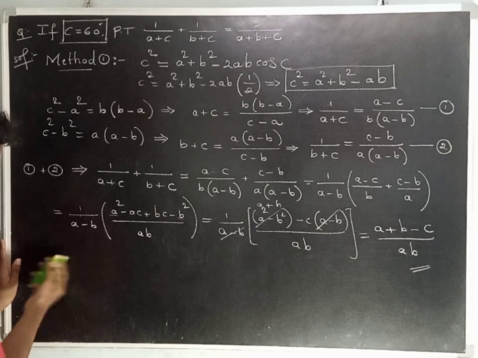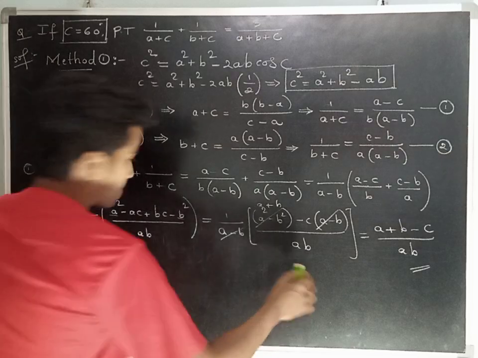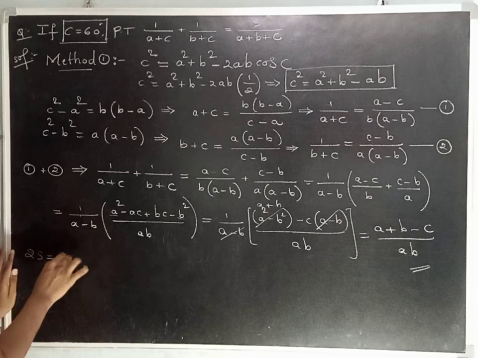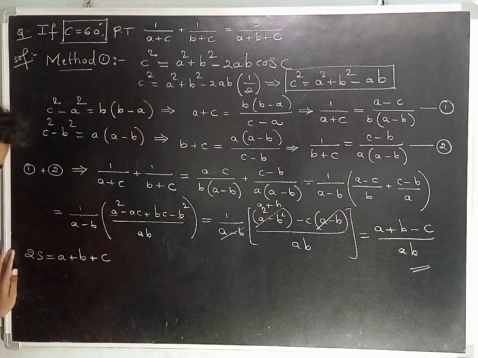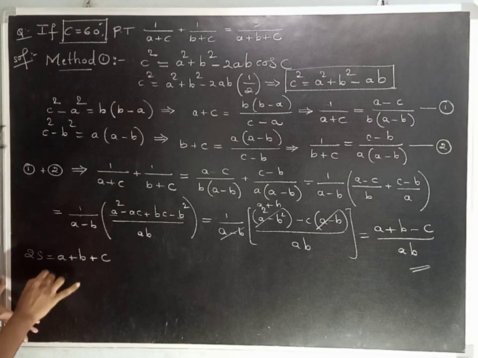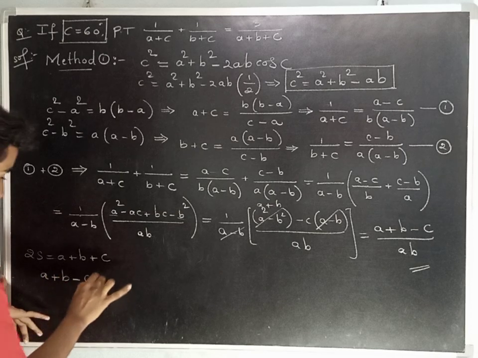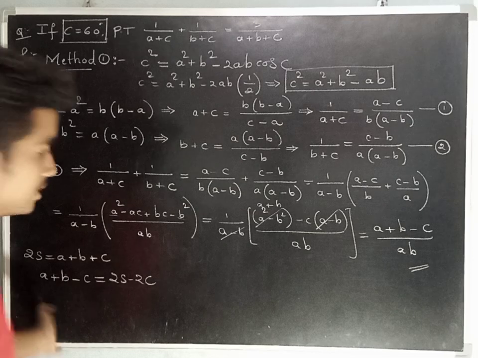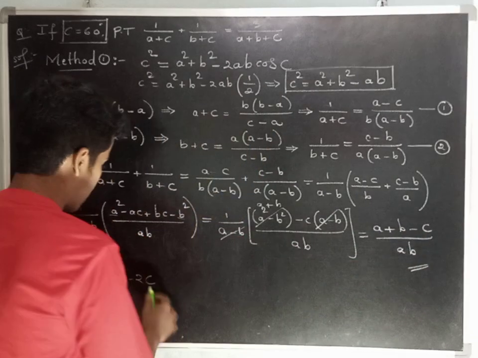Further, we have the semi-perimeter: 2s is equal to A plus B plus C. Here A plus B minus C is nothing but 2s minus 2C. Let me put this here.